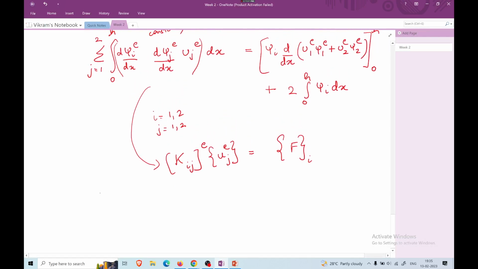So what is kij? It is equal to integral 0 to h d psi I by dx into d psi j by dx into dx. This uj I am taking outside, kij into uj, so whatever is remaining is my kij.